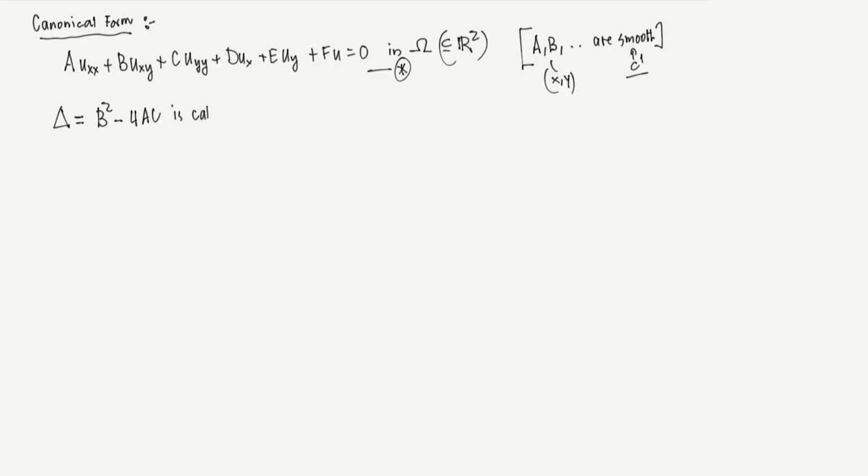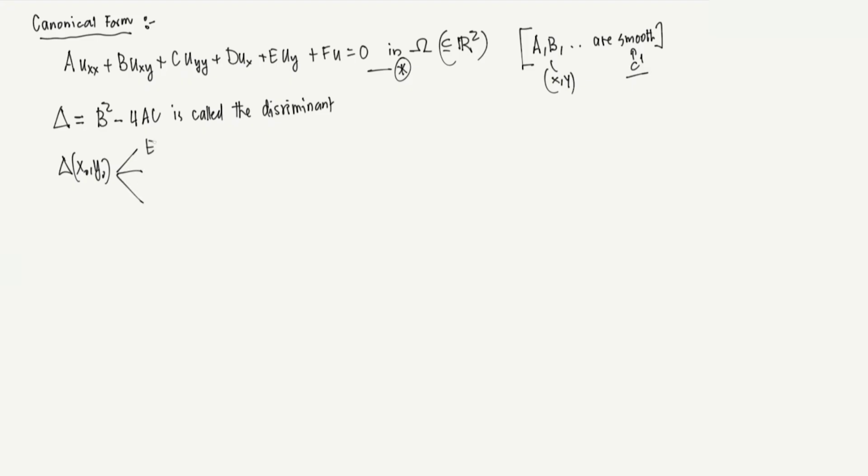The discriminant, evaluated at the point (x0, y0), will actually tell us the nature of the equation. This is just a name which we gave.